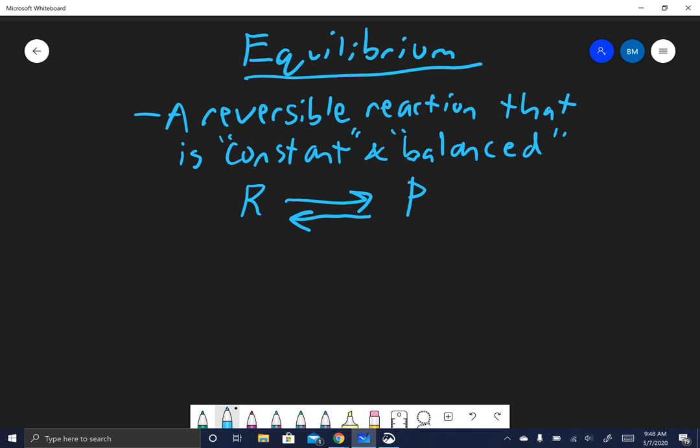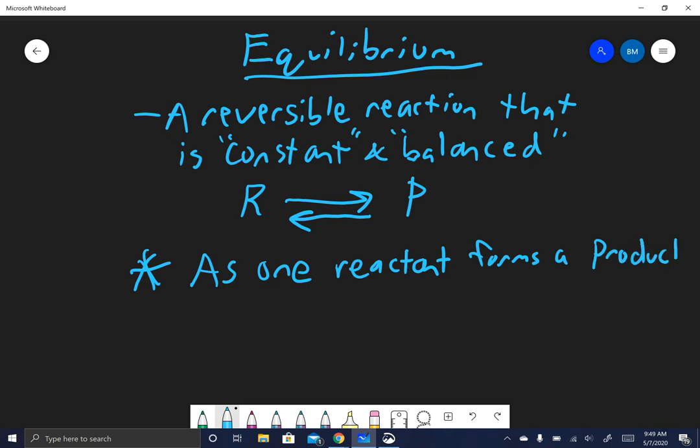And if it's at equilibrium, what equilibrium really means is as one reactant, so let's say one particle, as one reactant forms a product, a product forms a reactant.